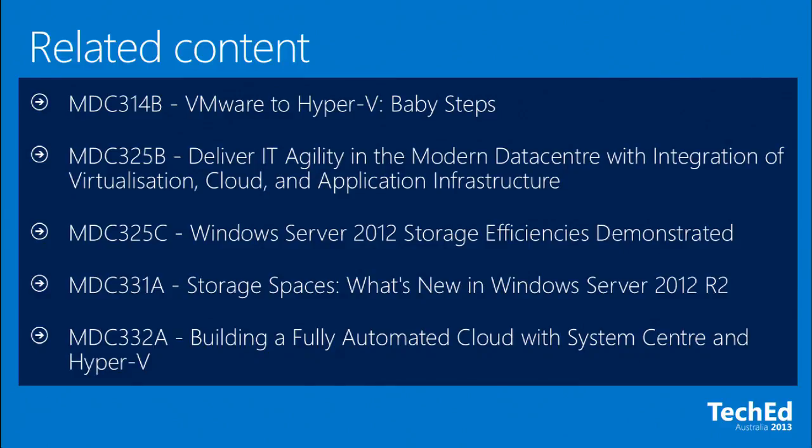However, while you're in the mode of primary site on 2012 R2 and secondary recovery site on 2012, if replica needs to do a resync for any reason, that resync is going to fail, because resync will try to resend the configuration. If it's the other way around, though, if your primary site's on 2012 and your recovery site's on 2012 R2, resync will still work. So you have full protection in that mode. That's our recommendation for replica.